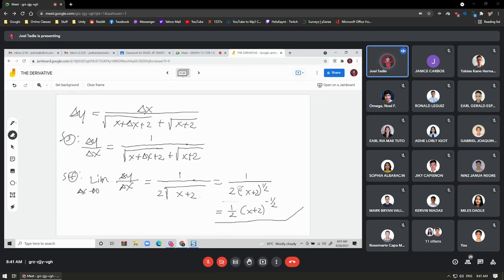So, our final answer is this one, equal to 1 over 2 times quantity x plus 2 raised to a power of 1 half, or equal to 1 half times quantity x plus 2 raised to a power of negative 1 half. So, either, no? You can answer with the radical symbol or this exponential form. They are the same.